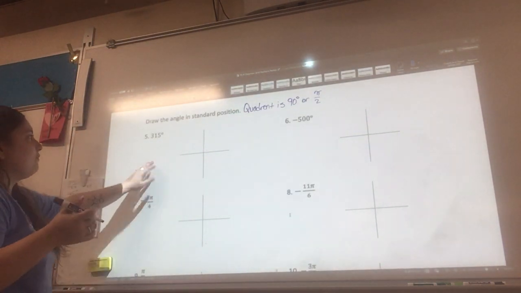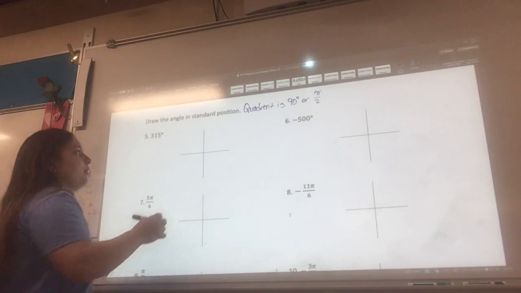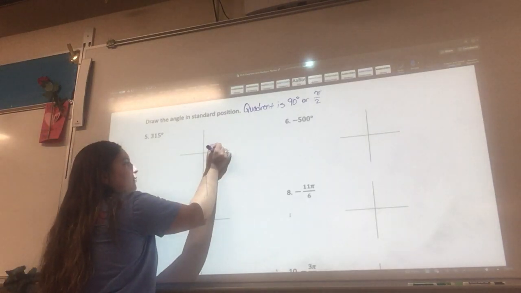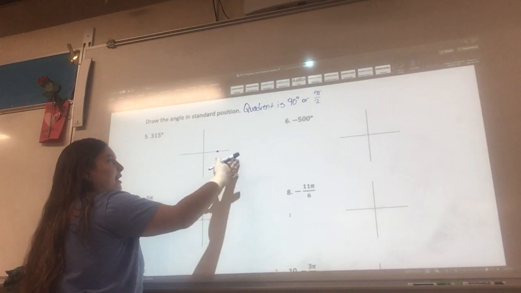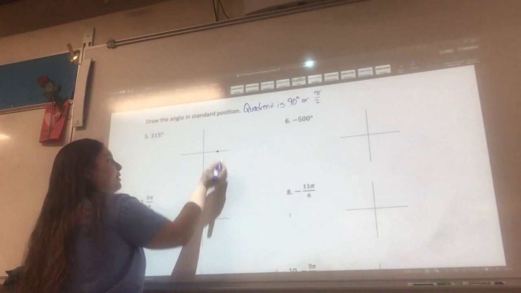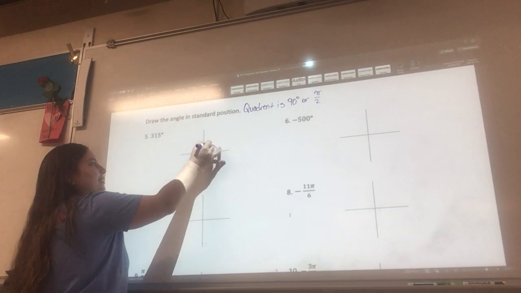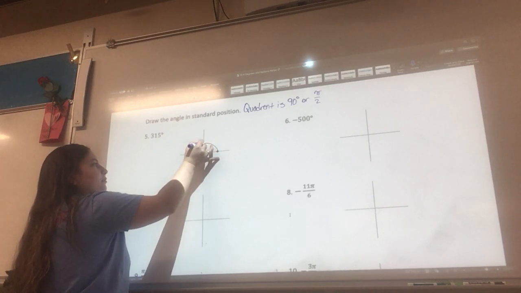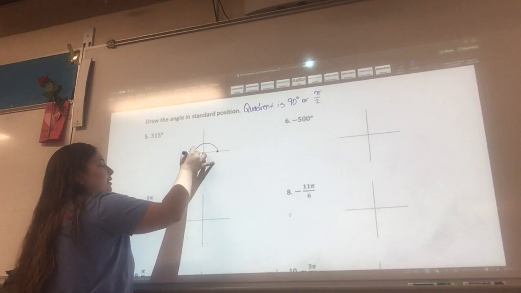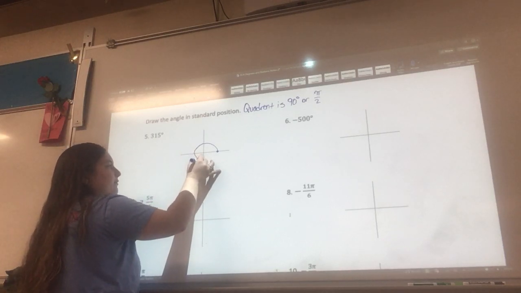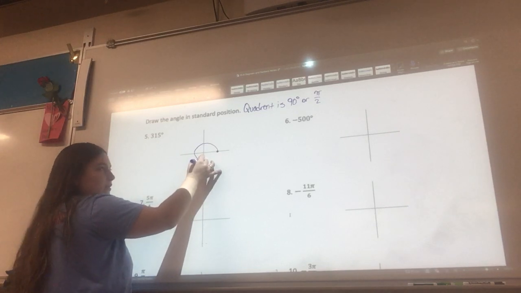We first start off with 315 degrees. We always start on the right-hand side and go counterclockwise. So we go 90, plus another 90 is 180, plus another 90 is 270. We haven't even reached 300 yet.